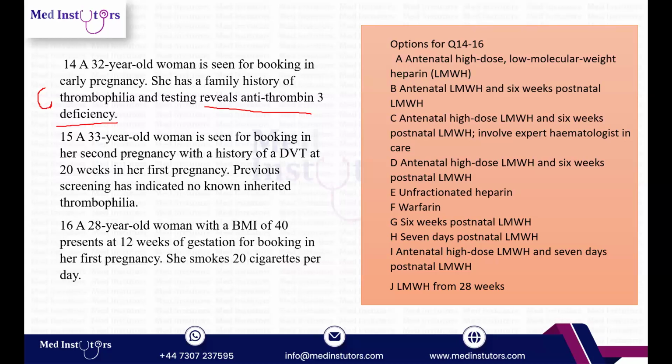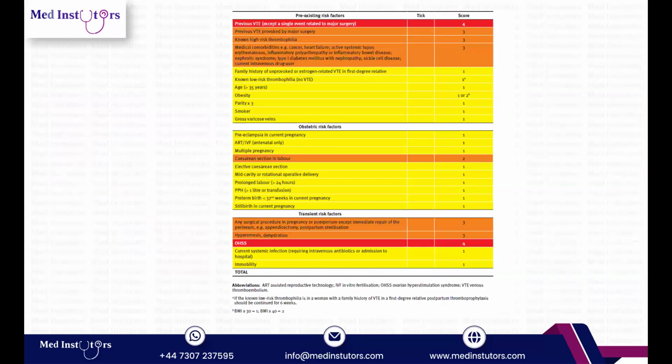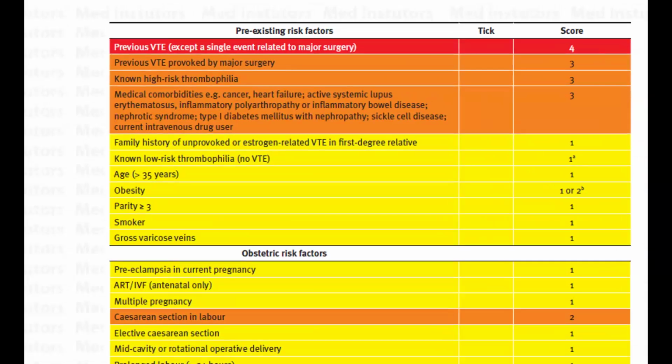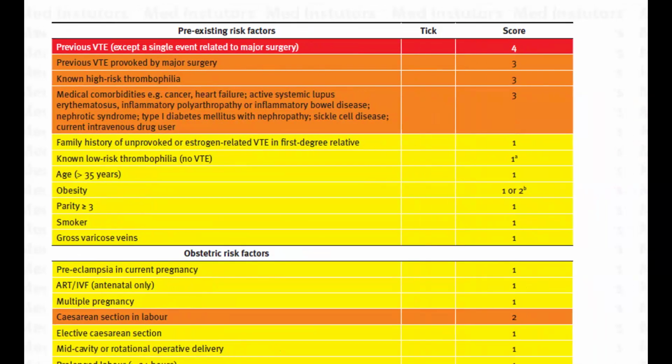So here, a previous history of DVT falls in a score of, I'm going to show you all the table here, guys. What would the score be? And then what would the answer be? Here you have to look at the words very carefully that have been given in the table. They've said previous VTE except a single event related to major surgery.